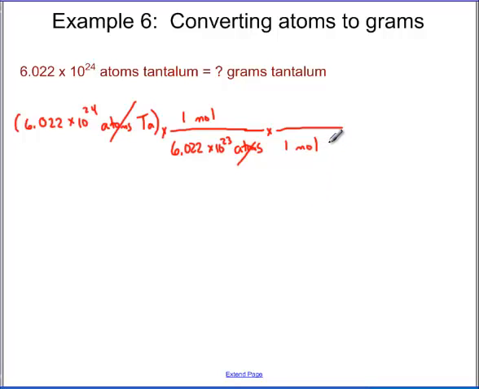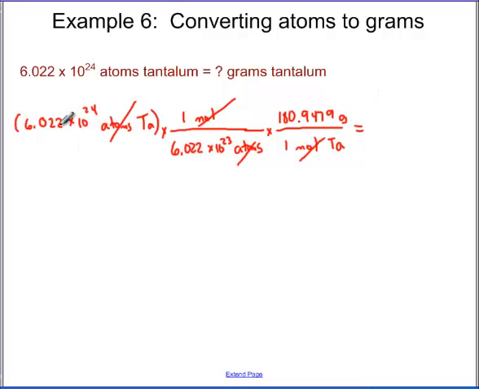This is where I pick up my periodic table. So 1 mole of tantalum, the symbol is capital Ta. 1 mole of tantalum has a molar mass of 180.9479 grams. Moles cancels out. I'm left with grams of tantalum.